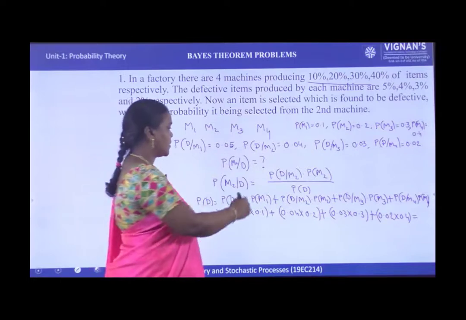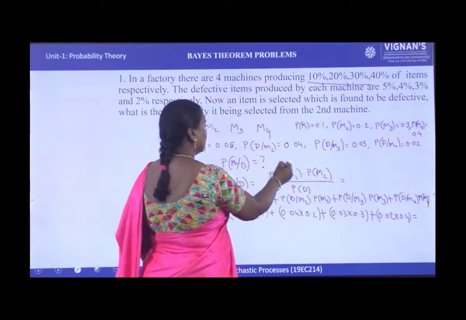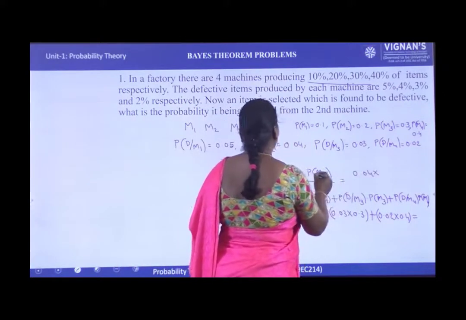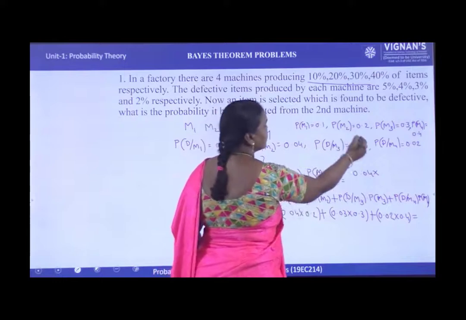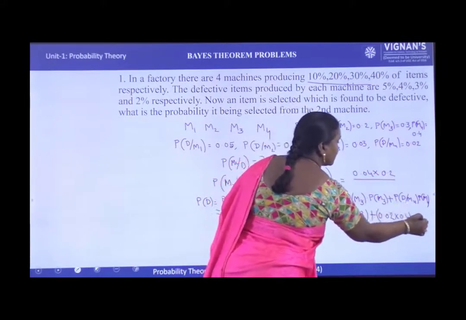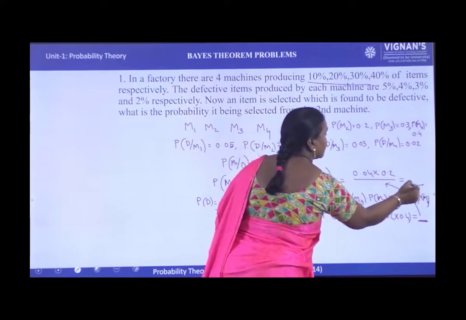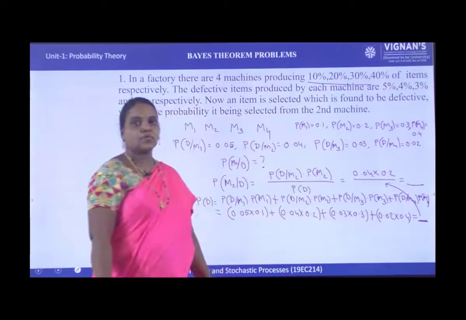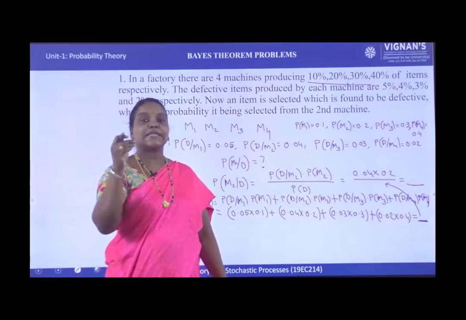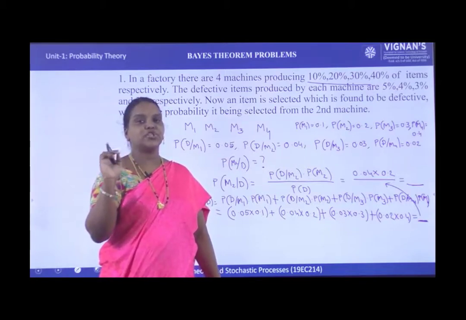Okay. And here what is P of D by M2? 0.04 into what is P of M2? 0.2 by whatever the answer you got here, you have to substitute here, you will get the final answer. Okay. So in this way we can find if the selected item is defective, what is the probability it is from machine 2.